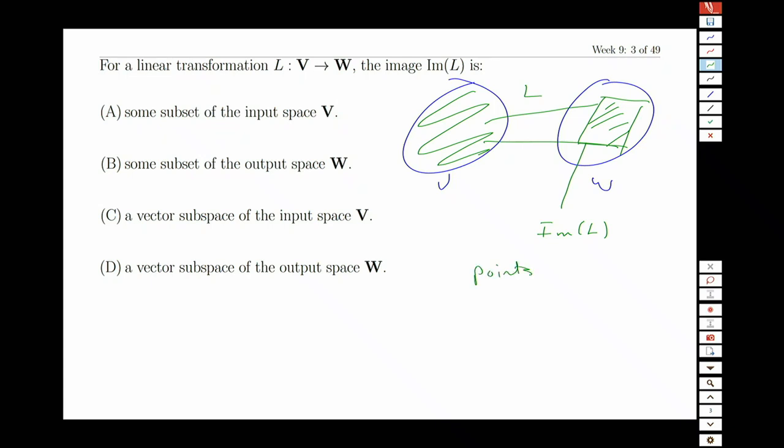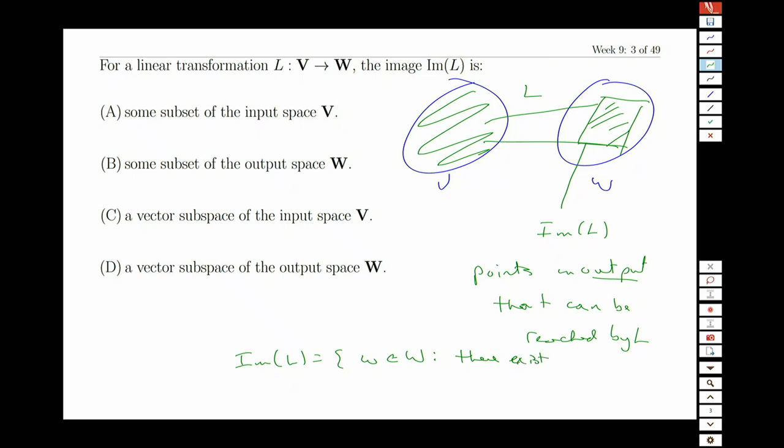Points in the output that can be reached by L. Or, to be more technical, the image of L is a set of elements, little w, in big W, such that there exists some input little v such that L of v equals w.